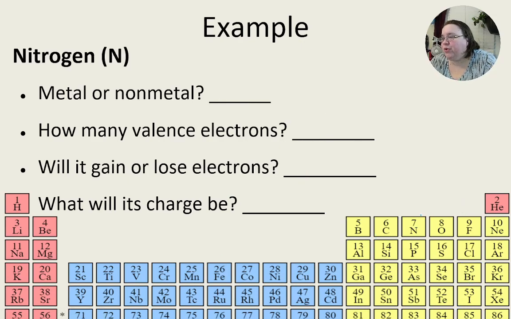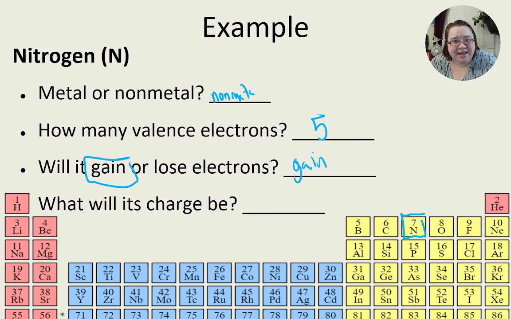All right. Nitrogen. Nitrogen is at the top of group 15. Therefore, it is a non-metal. Remember, it's to the right of that staircase. Group 15 is going to have 5 valence electrons. With 5 valence electrons, it is more than halfway to that octet. Therefore, it's going to gain electrons. It is going to go out and steal electrons.